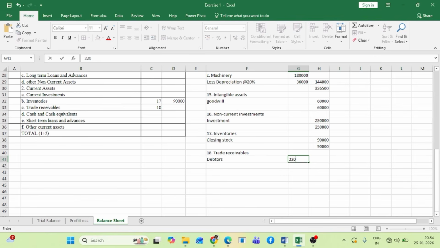I can show it in the outer column. There is no issue. As well as you have bills receivable. The amount of bills receivable is 60,000. The total is 2,80,000. So 2,80,000 is the total of my trade receivables. I'll show here 2,80,000.